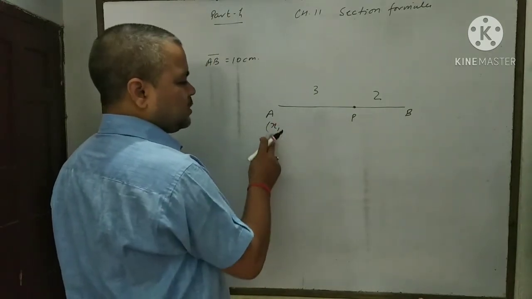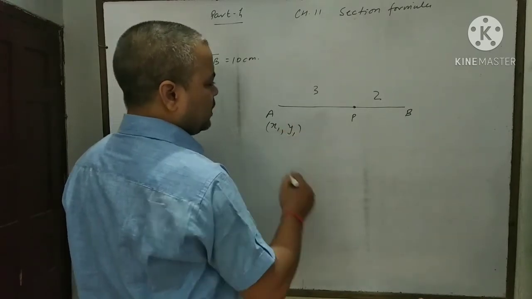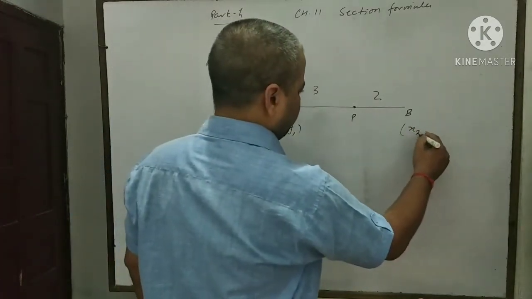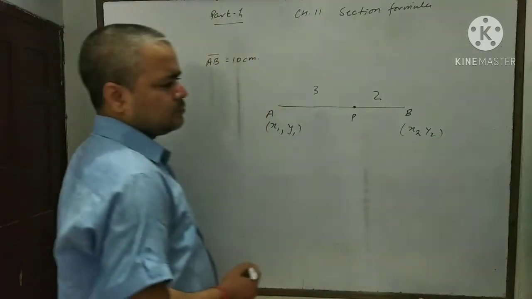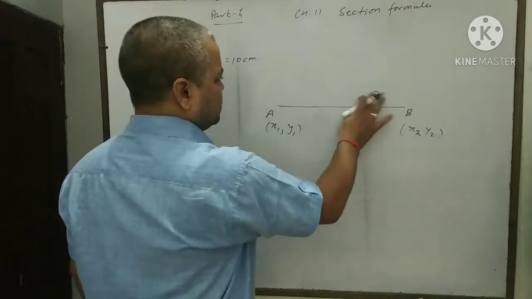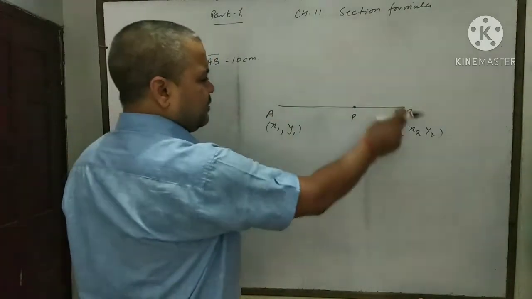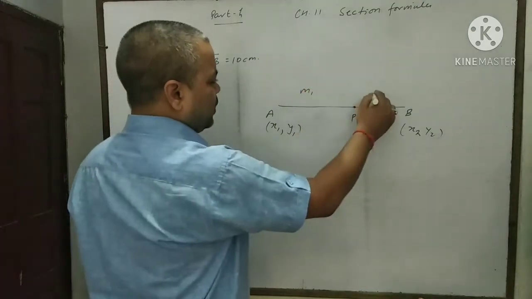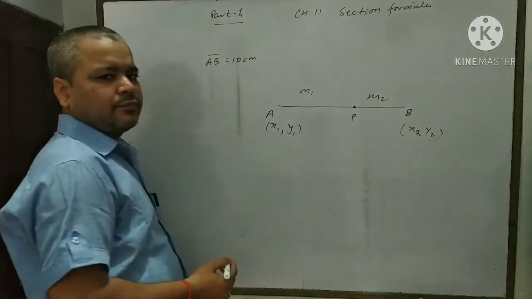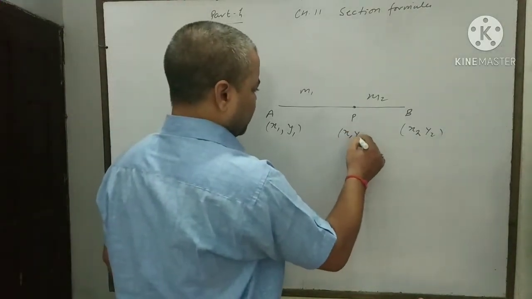Let the coordinate of the first point be x1, y1, and the coordinate of the second point be x2, y2. And now, in place of 3 and 2, let the point P divide AB in a ratio m1 and m2. And we have to find the coordinate of P, that is x, y.